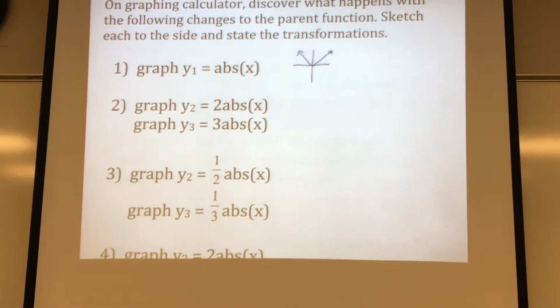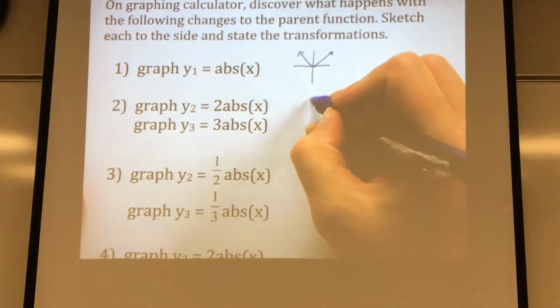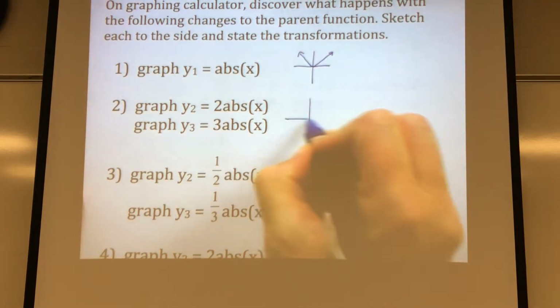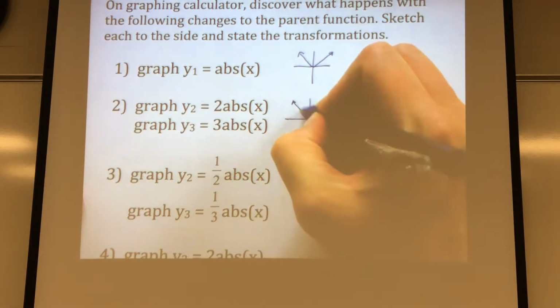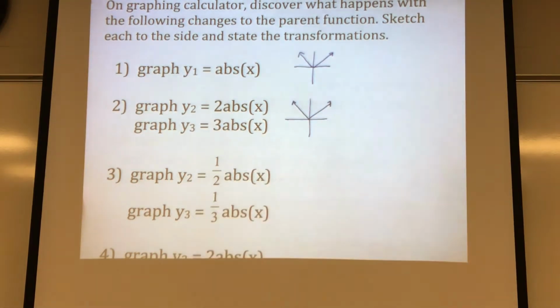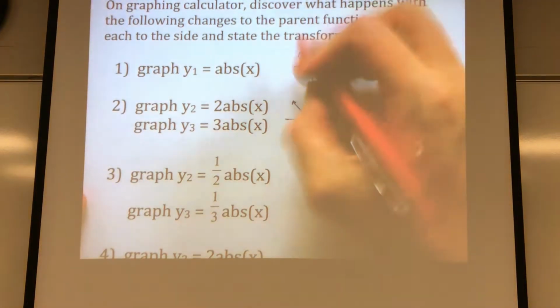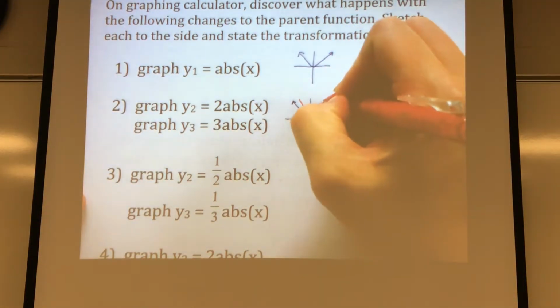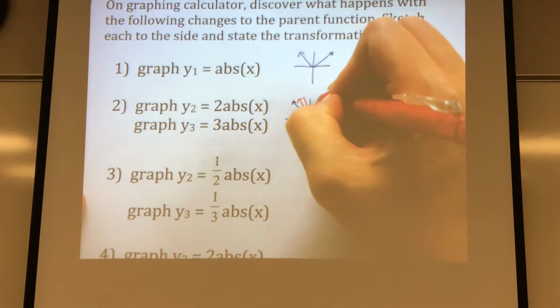Okay, so now that you have done that and you are back, hopefully for this one, what you noticed is that you had your parent function that we originally graphed, just like up on number 1, but then the graph of 2 and 3 looks more like this.